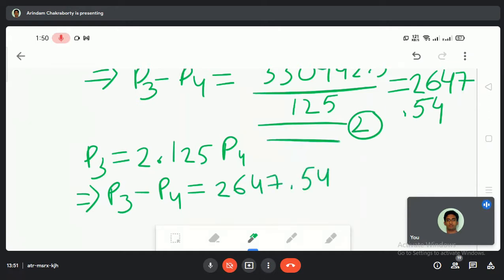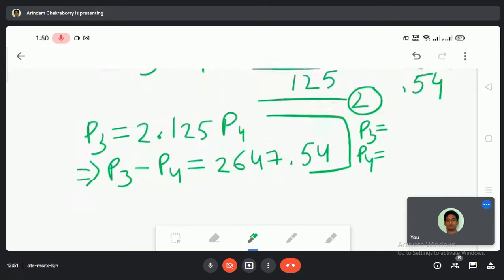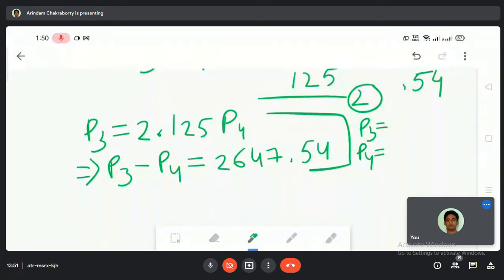From both the equations, please give me the load for P3 and P4. Be fast. Everyone please be fast.